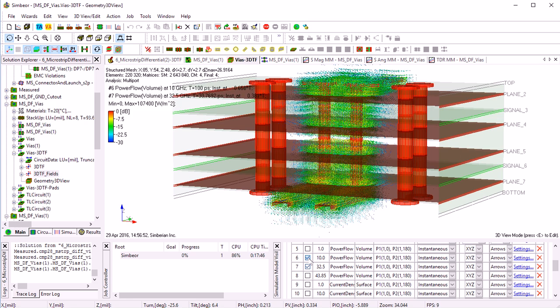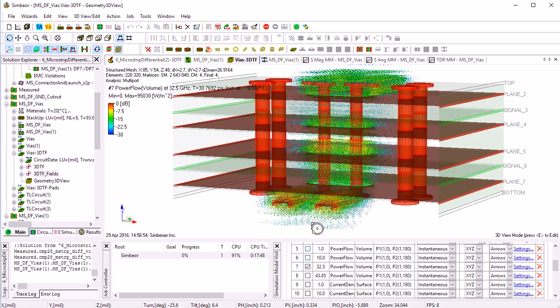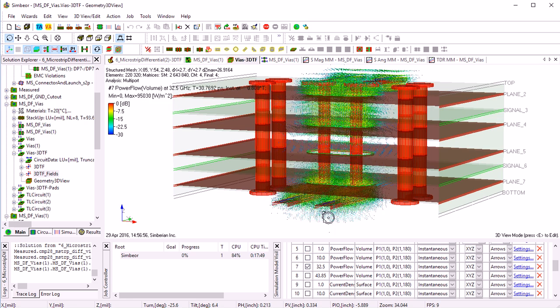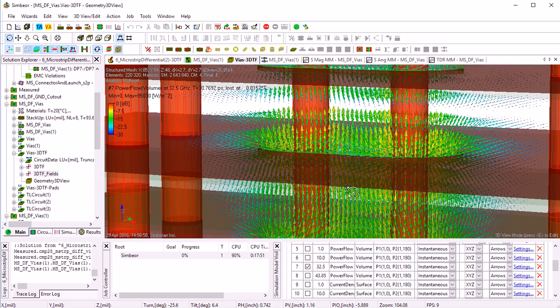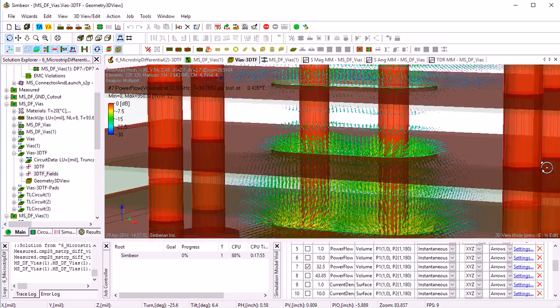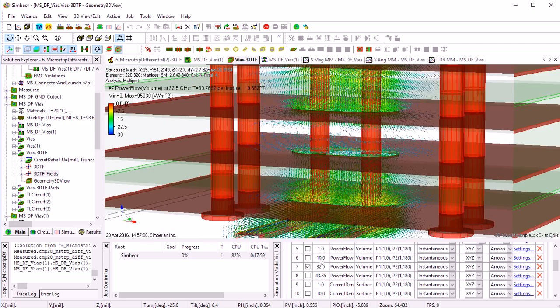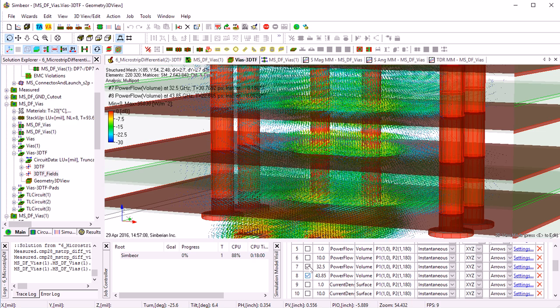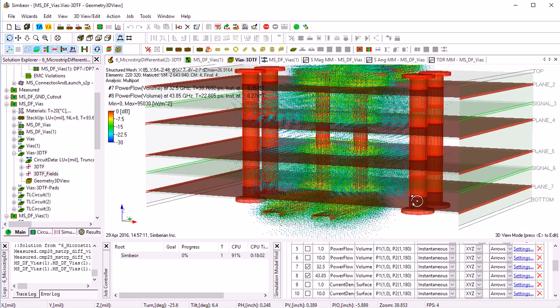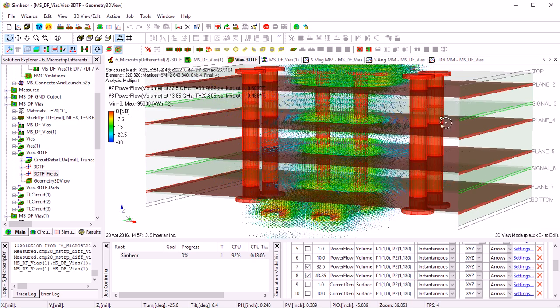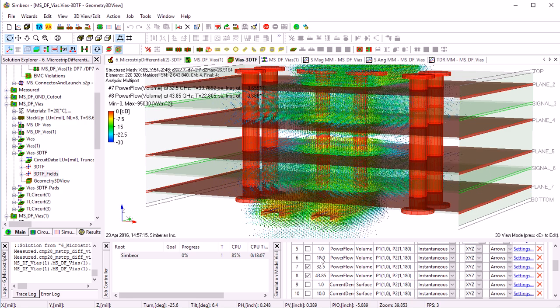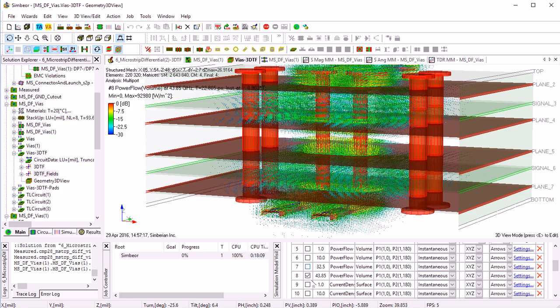At 32 gigahertz you can see that power gets and bounces from the stitching vias on the sides. And in the non-localized case, power spreads all around here and bounces back from the side walls.